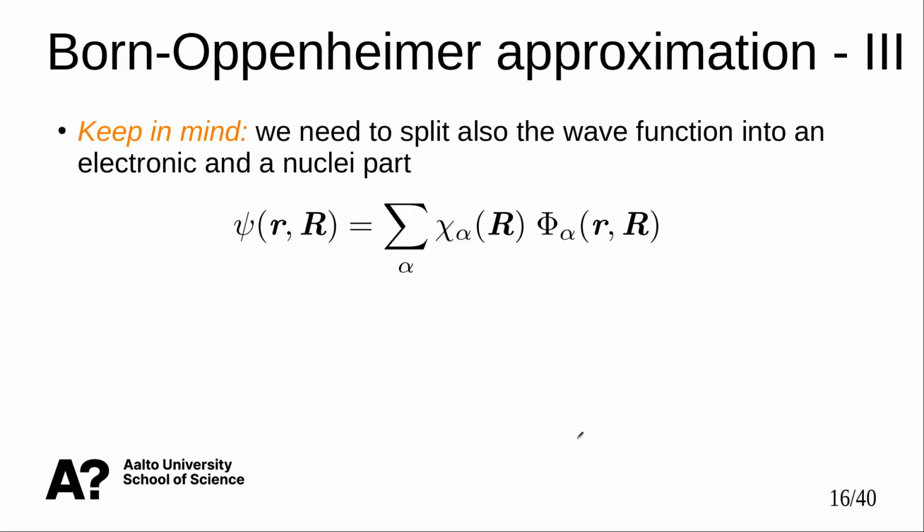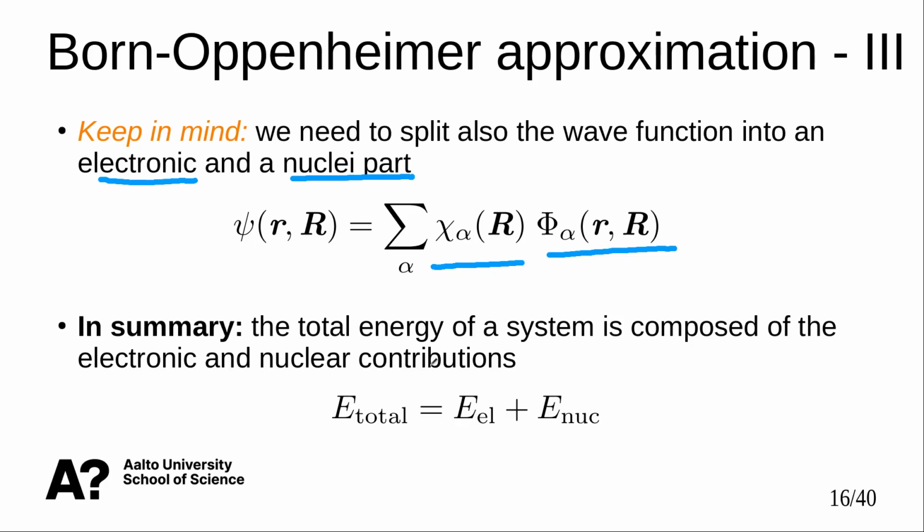And something to keep in mind is that by separating the nuclei movement from the movement of the electrons, we can also split the wave functions into an electronic part and a nuclei part. So that's the electronic part and that's the nuclear part.